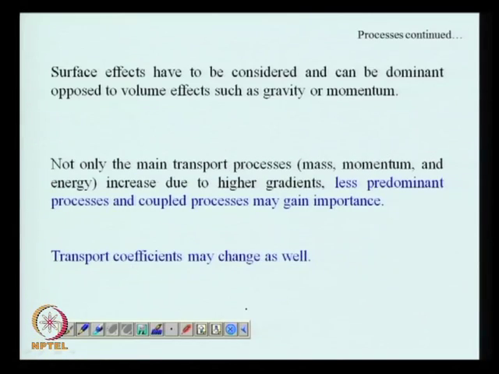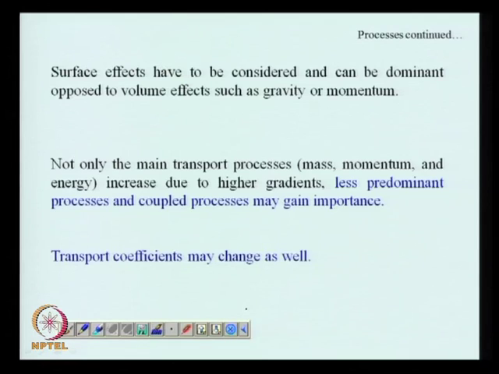Now, the direct implication of this is that we need to consider the surface effects which can be dominant in microscale, and not only will the main transport processes increase due to higher gradients, but less predominant processes and coupled processes may gain importance.